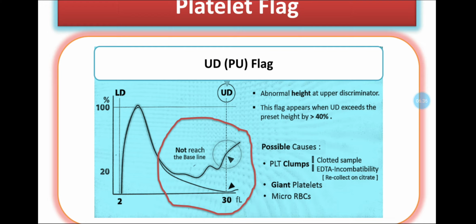This type of flag occurs when the UD exceeds the preset height by more than 40%. The possible causes are platelet clumps or clotted samples, EDTA induced clot incompatibility, giant platelets, and micro RBCs. So these all could be the possible causes of the UD flag.